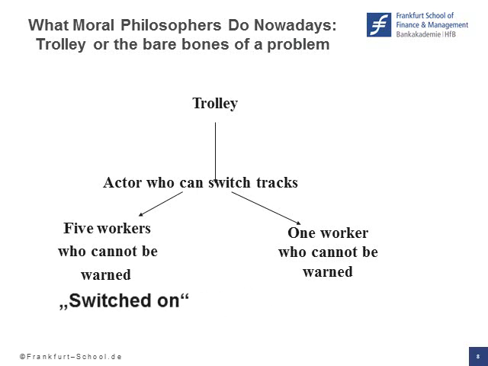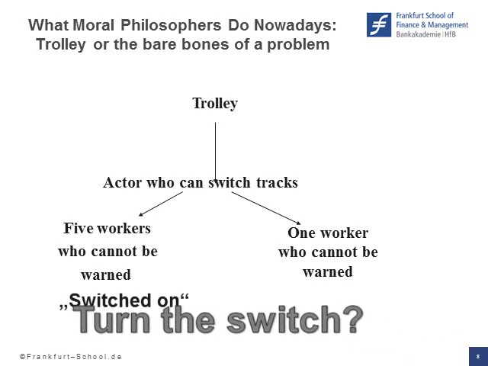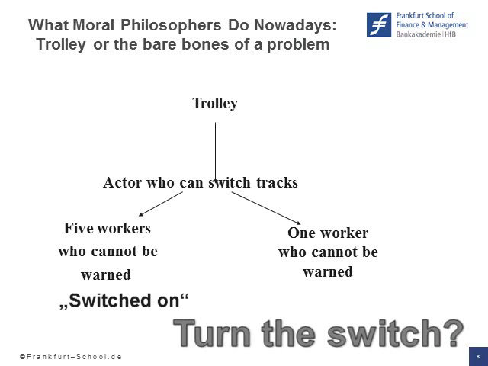The 5 workers are switched on by nature. So if the trolley runs down the tracks, the trolley will unavoidably run over 5 workers. They will be run over by a bus, as the saying proverbially goes. Should you avoid that? Should you turn the switch?